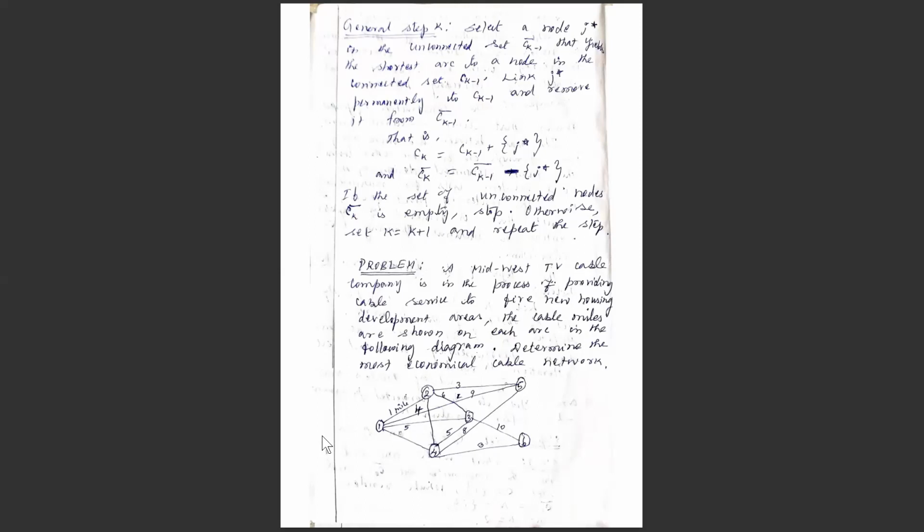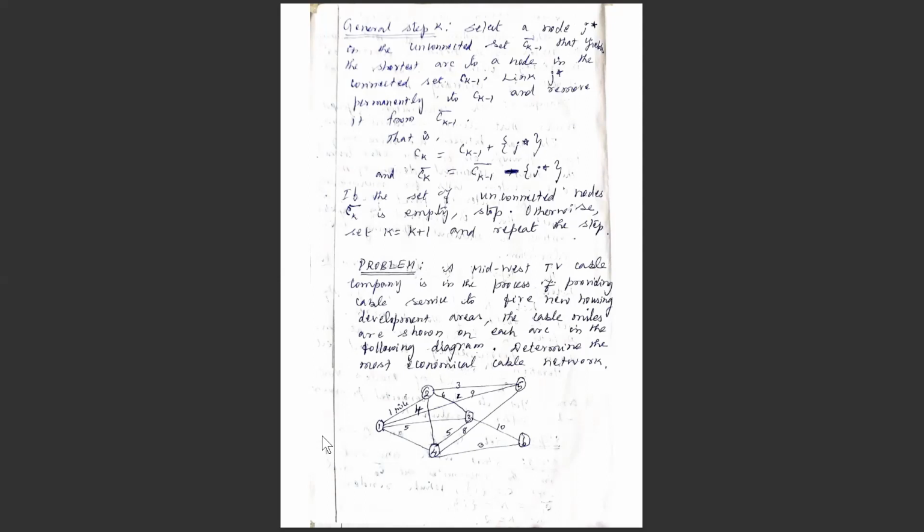Let us see one application of this algorithm. A Midwest TV cable company is in the process of providing cable service to 5 new housing development areas. The cable miles are shown on each arc in the following diagram.